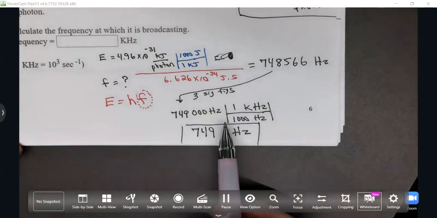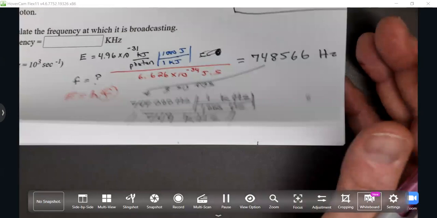Make sure you try this with your calculator, right? Make sure you are trying these with your calculator. Okay.